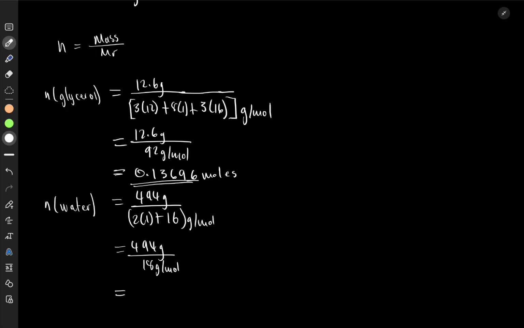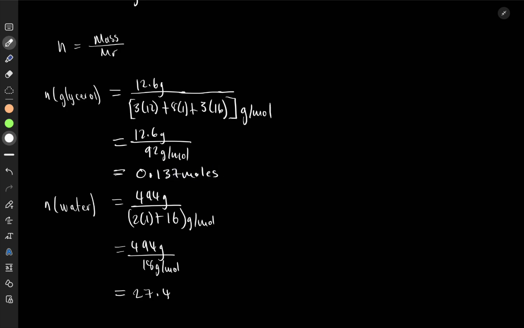What would I end up getting? Here I'll get 27.4444444. So I can just say 27.4. Here I can round off to 3, 0.1369, so it becomes 0.137. So I'd have it as 0.137 moles here.